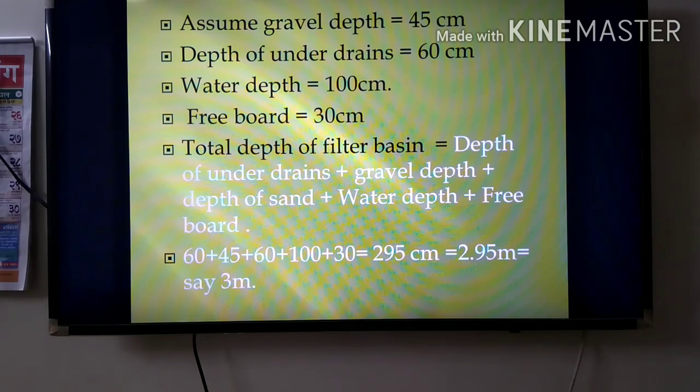Total depth of filter basin is equal to depth of under drains plus gravel depth plus depth of sand plus water depth plus freeboard. Therefore, 60 plus 45 plus 60 plus 100 plus 30 is equal to 295 centimeter, which is equal to 2.95 meter, say 3 meter.